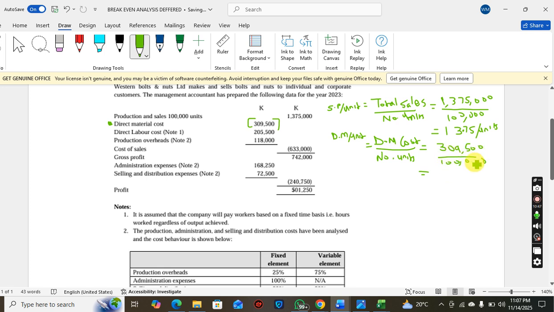The 309,500 is greater. 309,500 divided by 100,000. I think 3.095, yes, per unit.